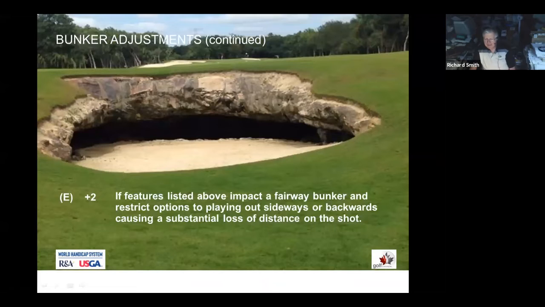An E+2, if the features listed above impact a fairway bunker and restrict options to playing out sideways or backwards, causing a substantial loss of distance on the shot.